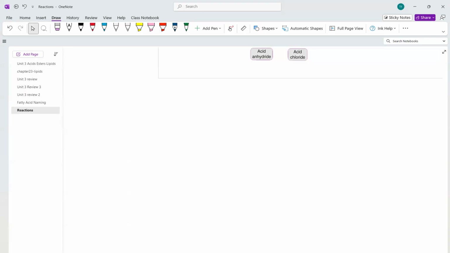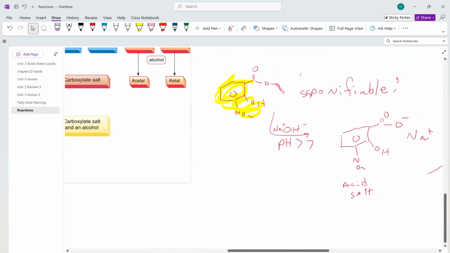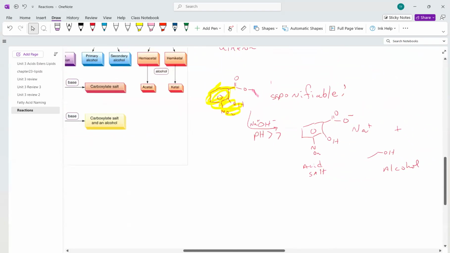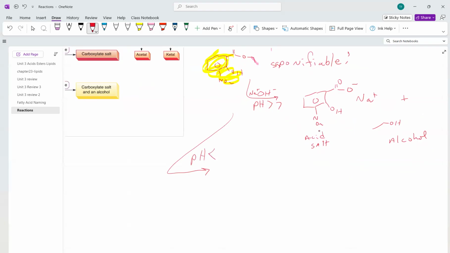Now, if there's an ester present, in fact, let's do it in an acidic environment. So in an acidic environment, you're just going to take it apart. Esters are susceptible in an acidic environment.